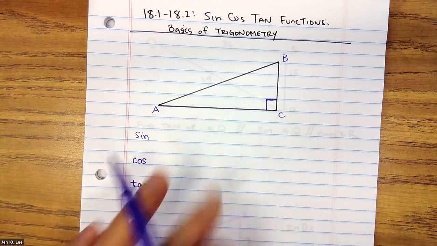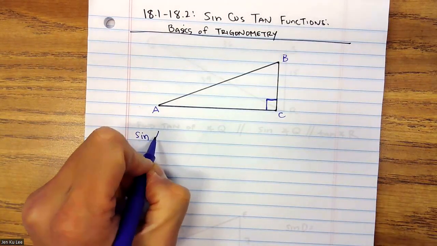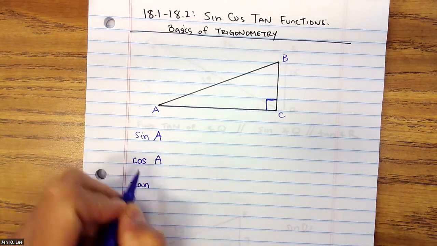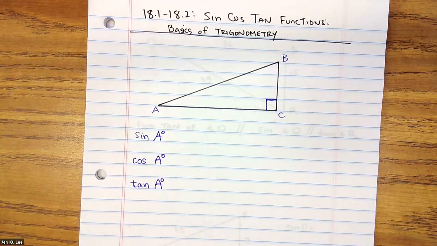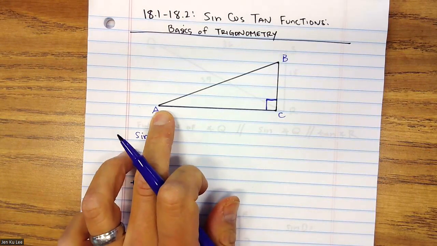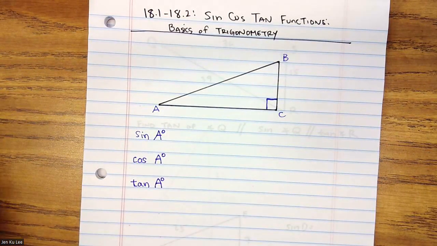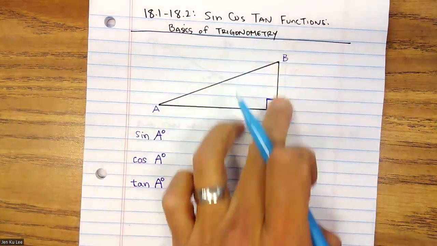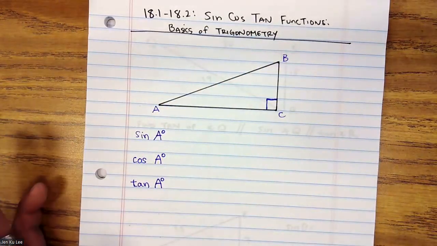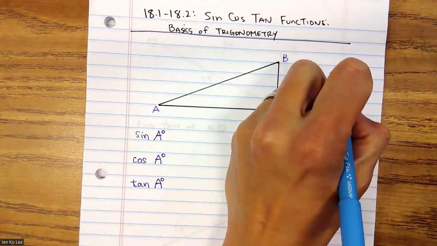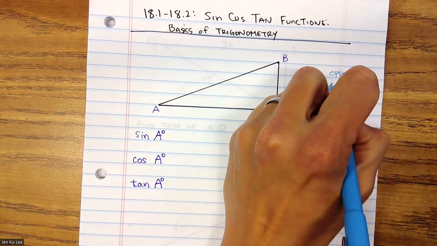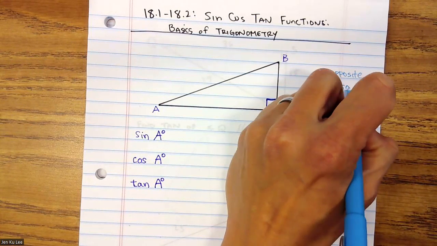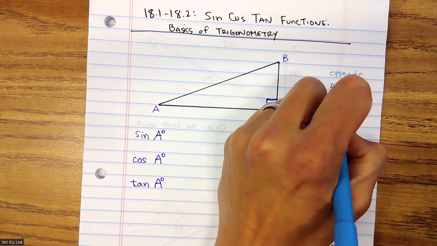So in this example, I'm gonna look at it from angle A. If I look at it from angle A, there are three sides that we label. That makes sense. It's opposite, adjacent, and hypotenuse.